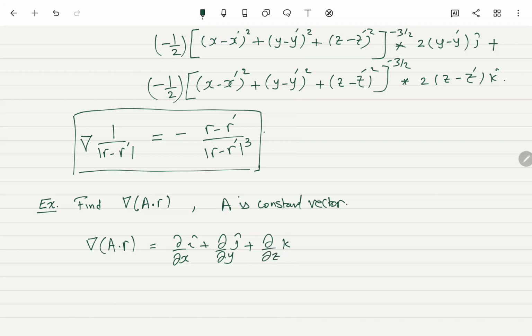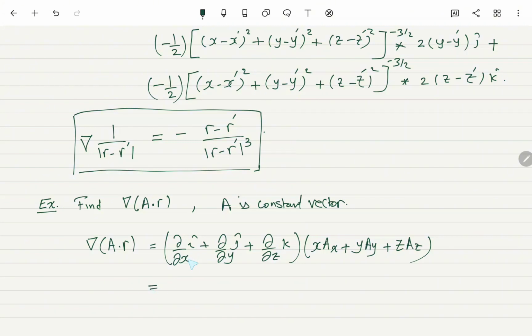Now A is actually a constant vector, so this del operator has no effect on A, it has only effect on R. Now the position vector is equal to x ax plus y ay plus z az.